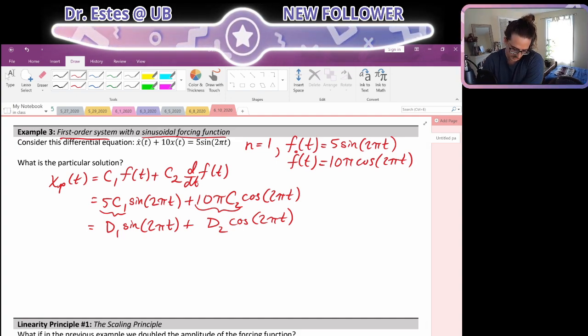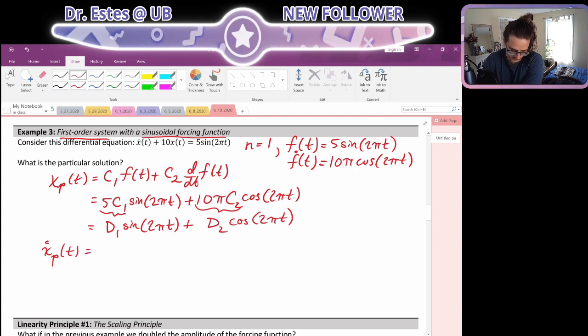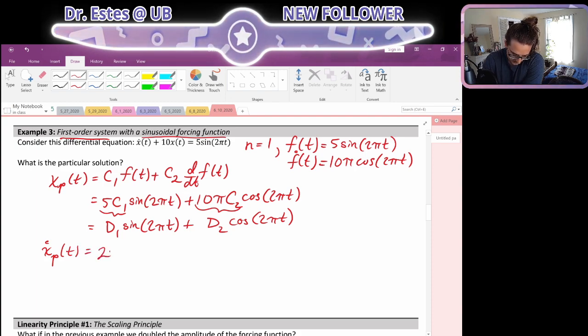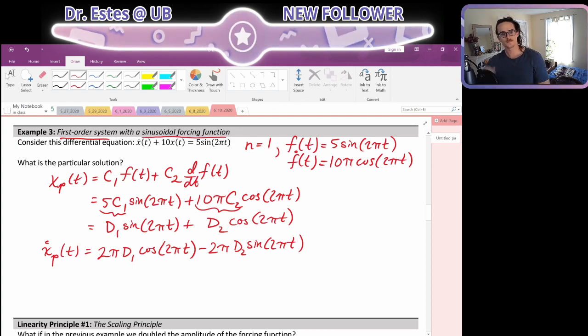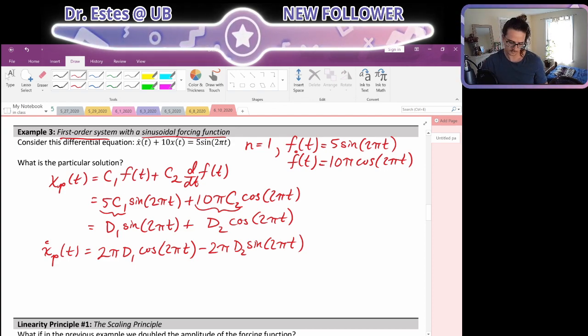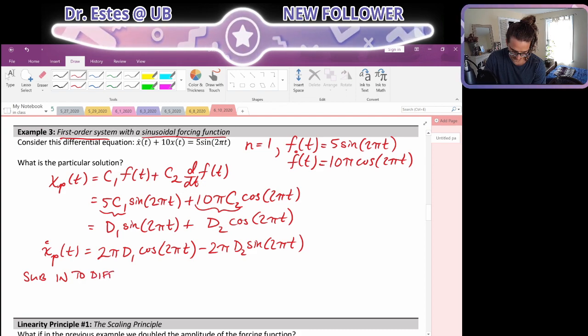All right. And then because we're going to have to substitute in a first derivative, let's just calculate that. So that'll be 2 pi d1 cosine 2 pi t minus 2 pi d2 sine 2 pi t. Okay, we're ready to sub into the differential equation.